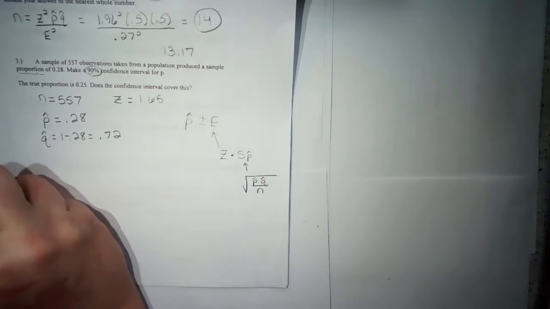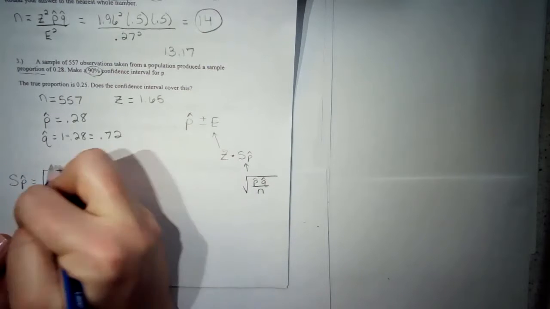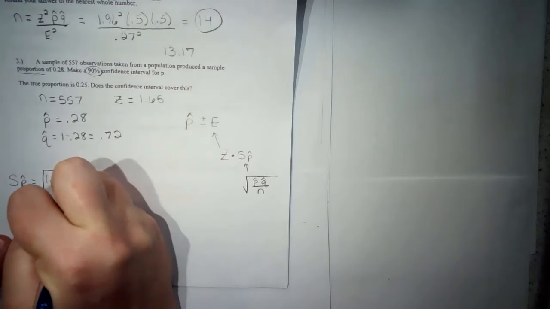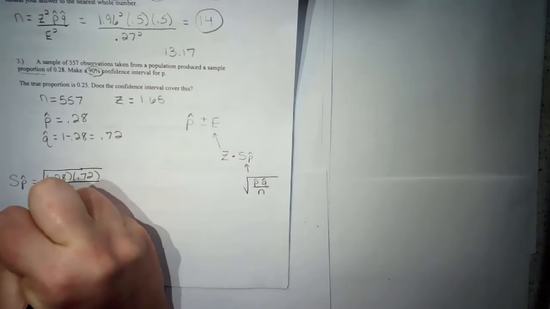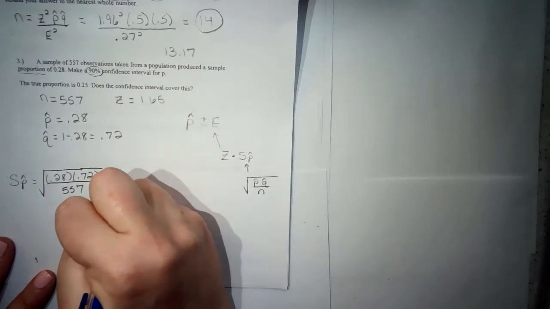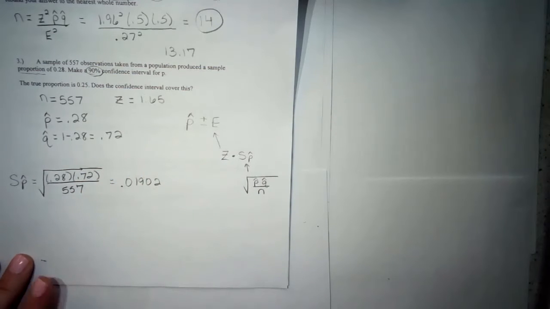All right, so let's start off finding S of p hat. So it's going to be the square root of p hat times q hat all over n. And I got 0.01902. Just go out a whole bunch on that. So you get a bunch of decimal places, or you can just leave it in your calculator.